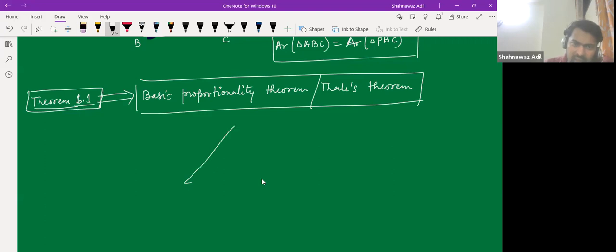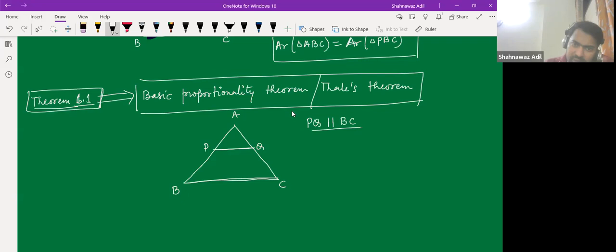Let's say you have a triangle with three sides, and you draw a line PQ parallel to the third side BC. So you are making the line PQ parallel to BC.